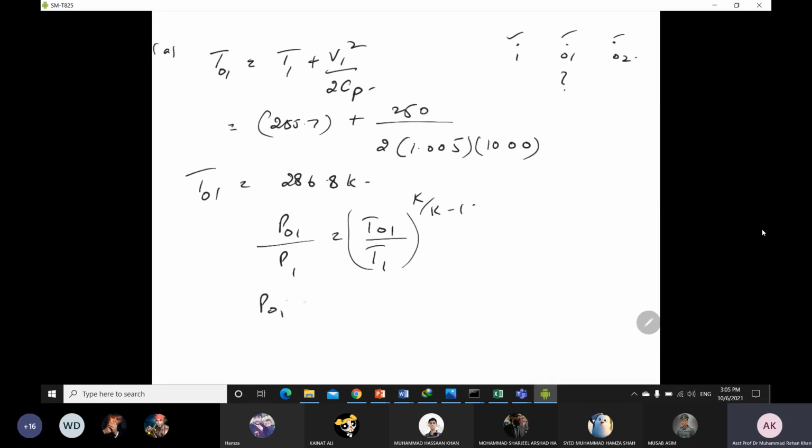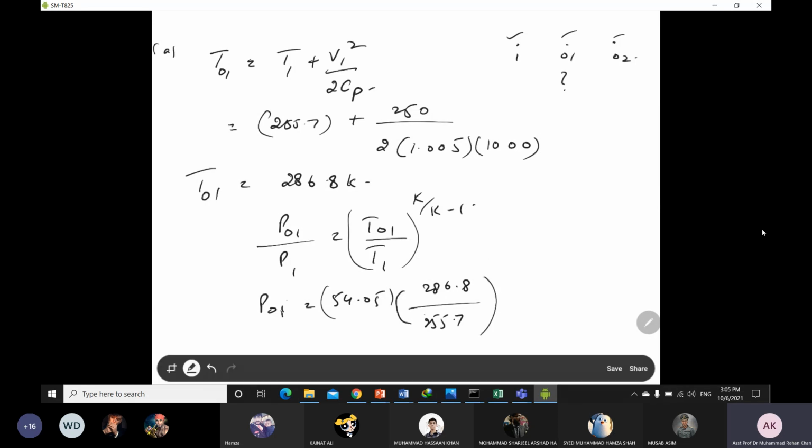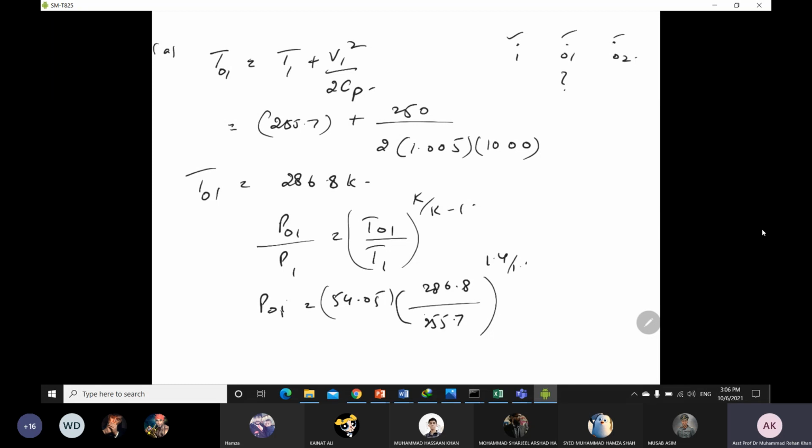Here we can easily find P01: P1 is 54.05, T01 is 286.8, which we just found in the previous section, and then T1 is 255.7, and K is 1.4. If I solve it, it will be 80.77 kilopascal. Okay, so this is our required value.